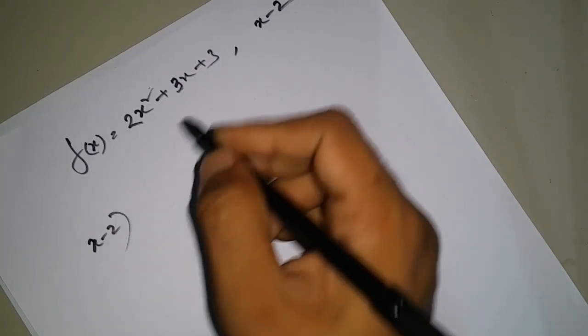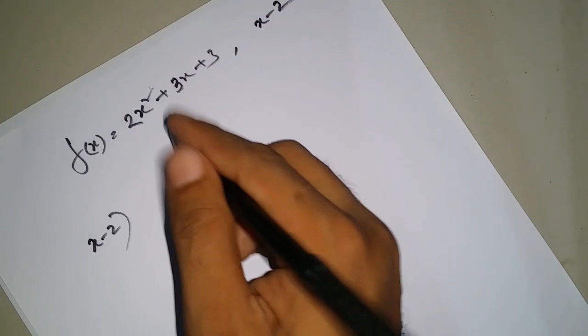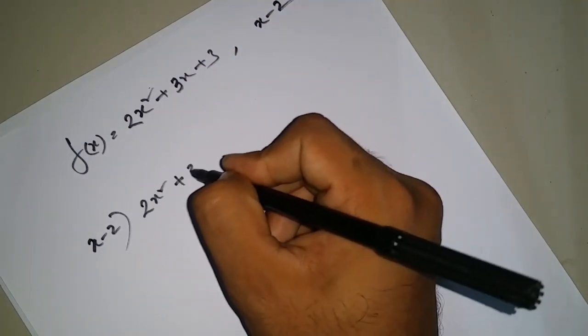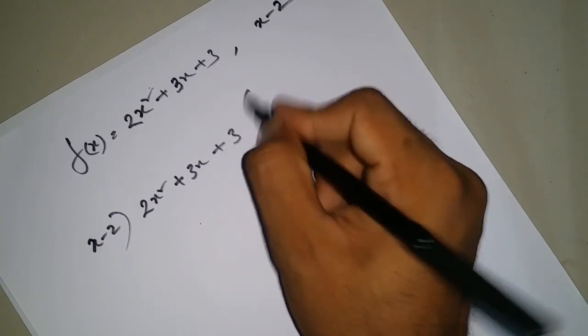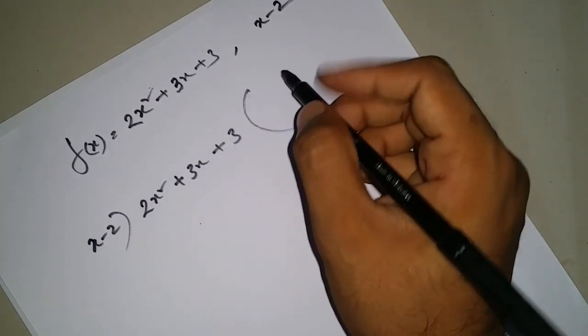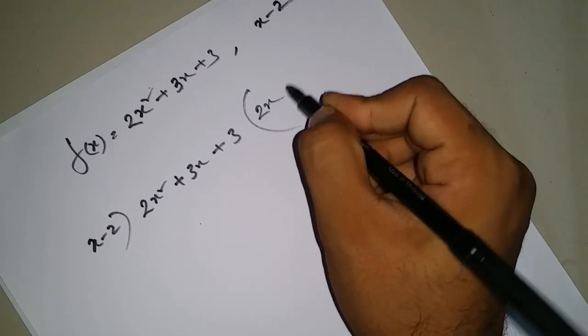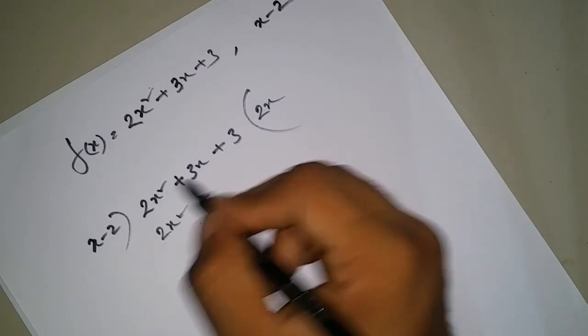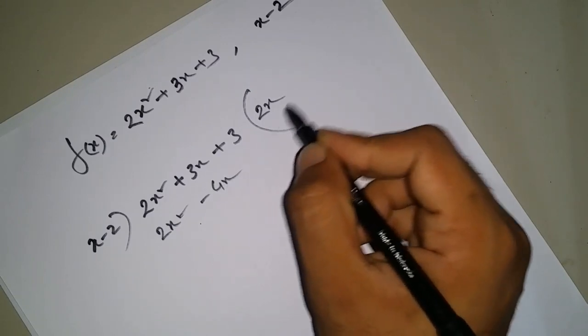If we divide f of x by x minus 2, we multiply by 2x, and then we get 2x squared and minus 4x.